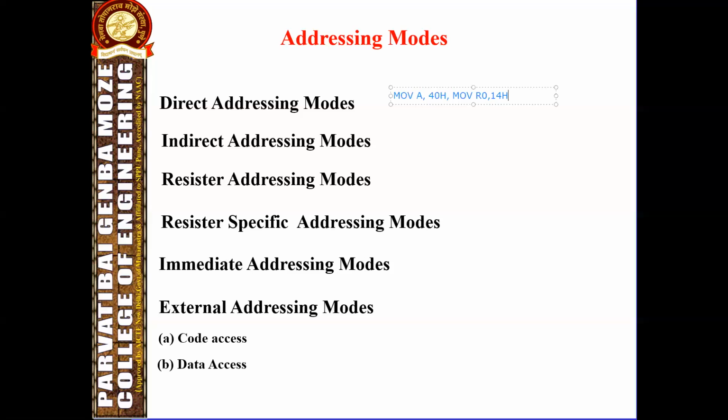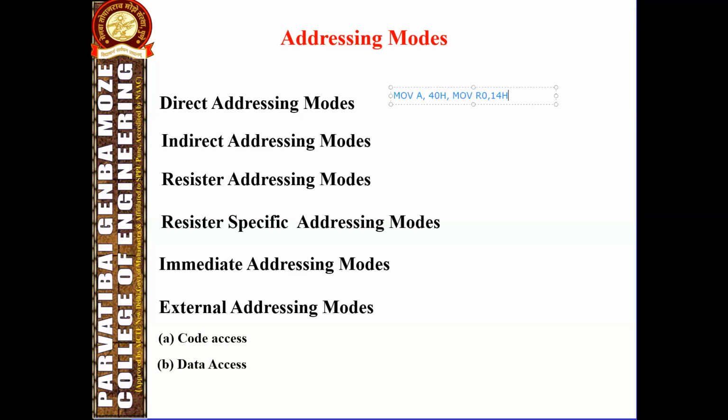So, what is the indirect addressing mode? In this type of addressing mode, the instruction specifies a register which contains the address of an operand. The register holds the actual address that will be used in the data move operation. This address may be 8-bit or 16-bit.